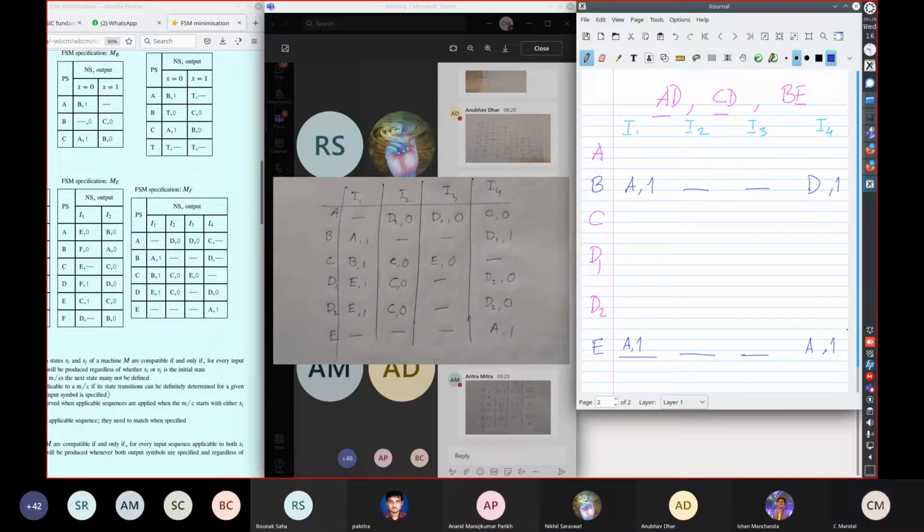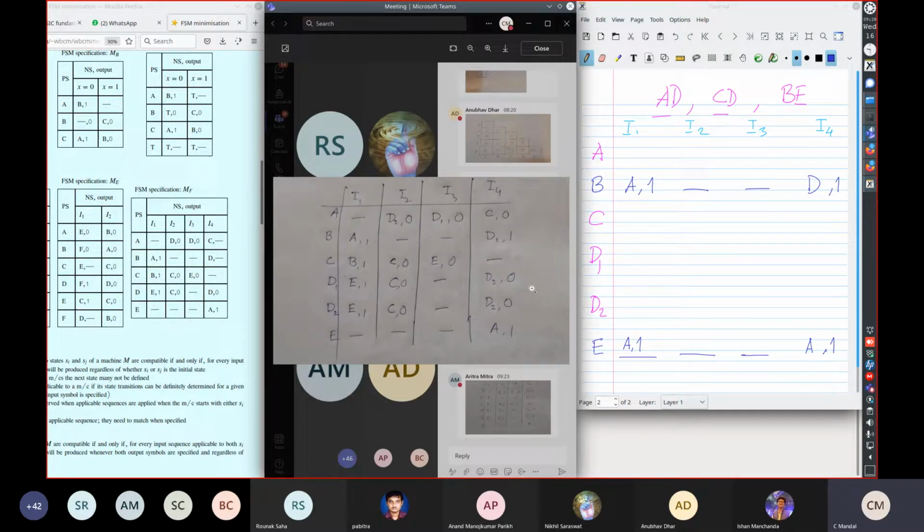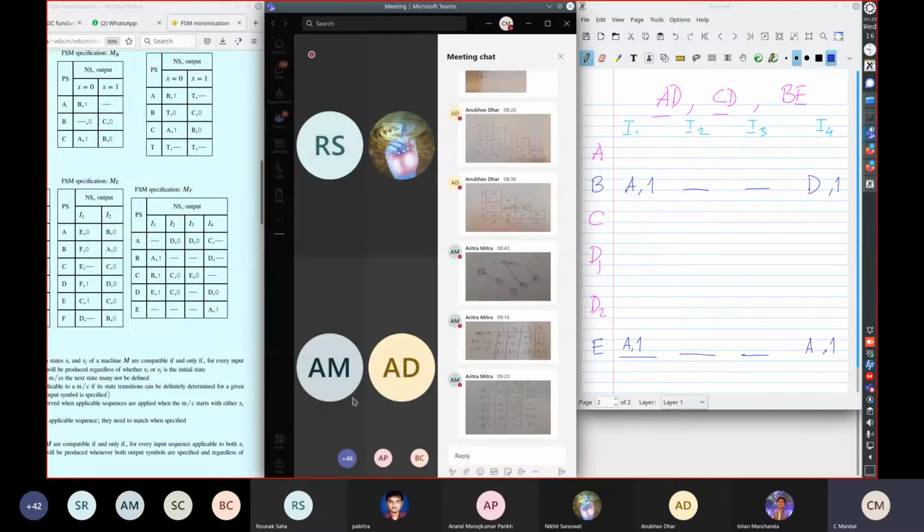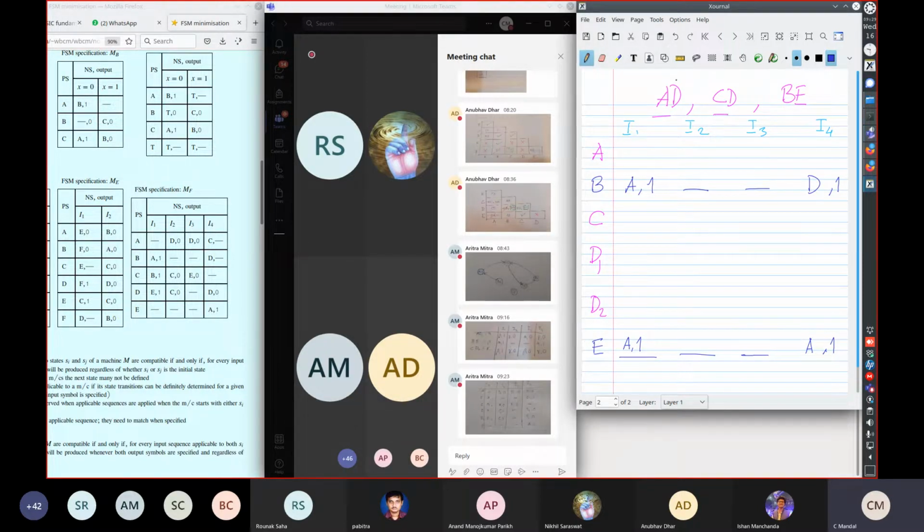Now, if you look at this earlier diagram, let's also have this earlier diagram.